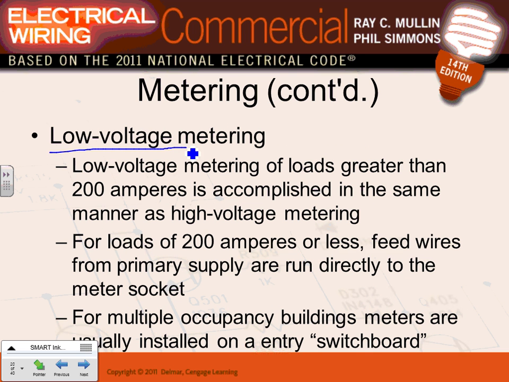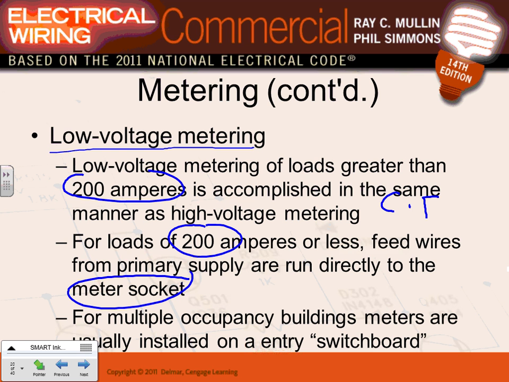The low voltage is what you guys are most likely going to be involved in. Here's how the low voltage is. Low voltage metering of loads greater than this amount is accomplished in the same manner as high voltage metering, so you have a CT cabinet. If up to 200 amps, typically you can bring the feeders directly to the meter socket. If you have multiple occupancy, you have multiple meters.